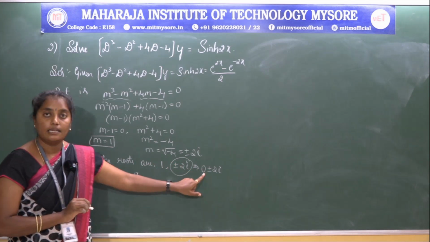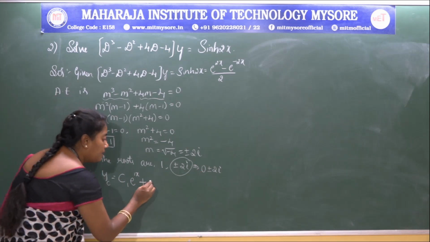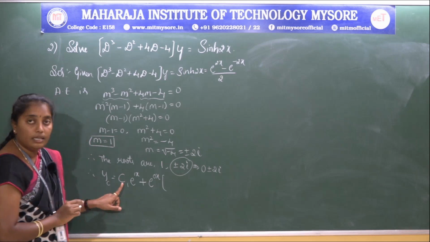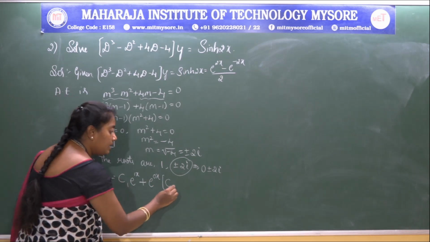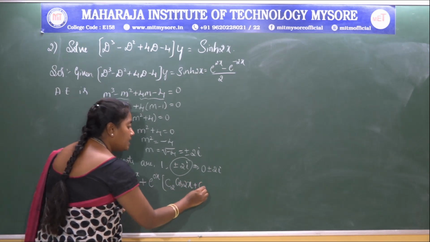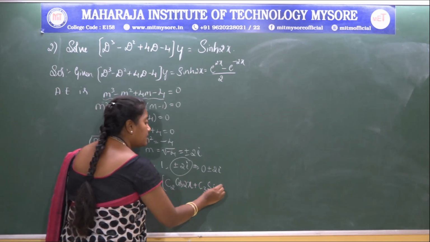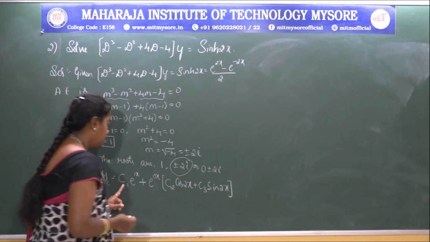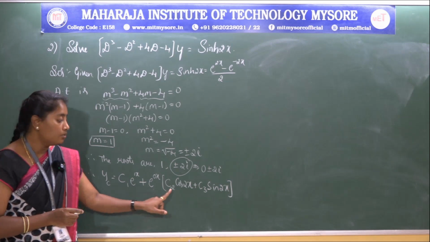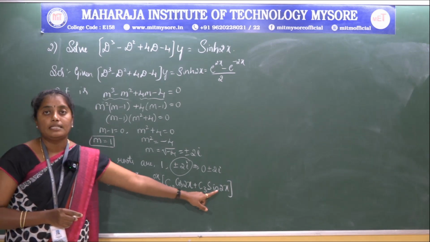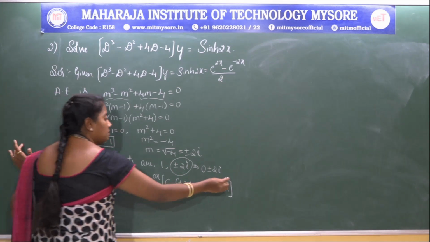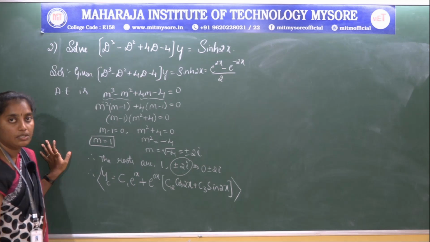The real term is equal to 0, so that can be written as e to the power of 0x. Here we already wrote c1, that's why c2 into cos 2x plus c3 into sin 2x. So yc is c1 e to the power of 1x plus e to the power of 0x into (c2 cos 2x plus c3 sin 2x). So this is the complementary function of the given equation.